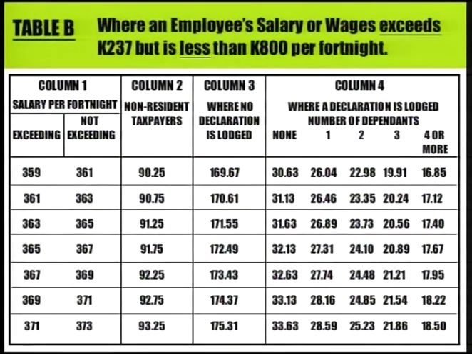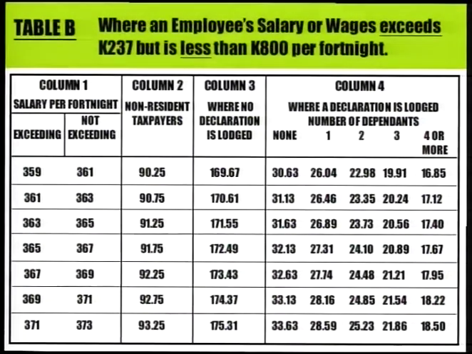Okay, if this person has 3 dependents, and he has lodged a declaration, how much tax is he going to pay? 20 kina 56 toya?